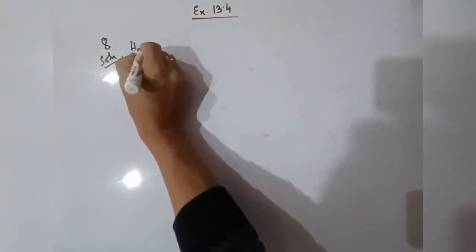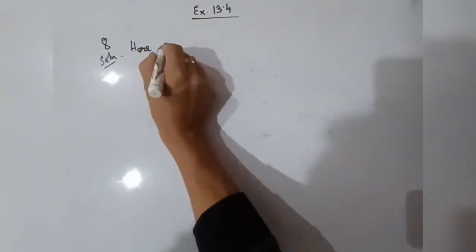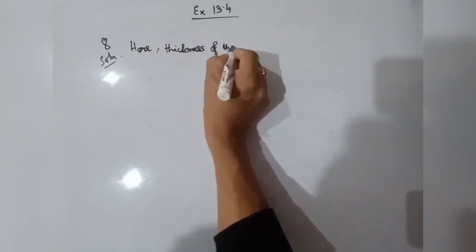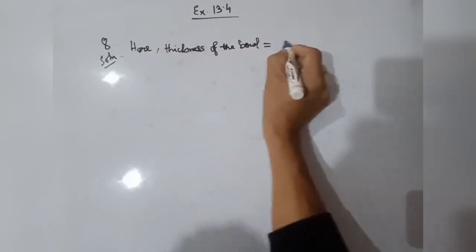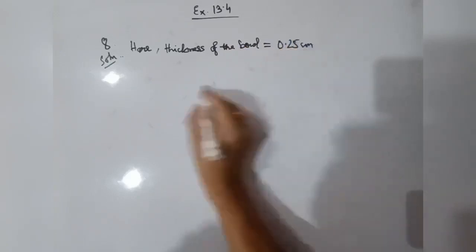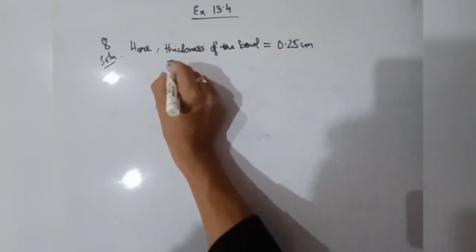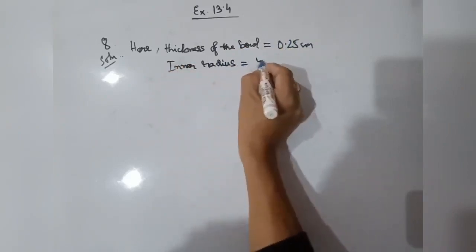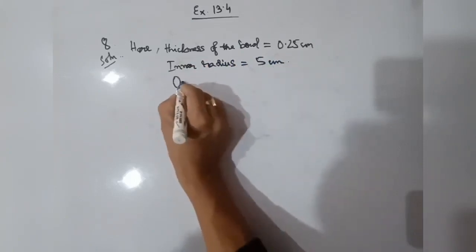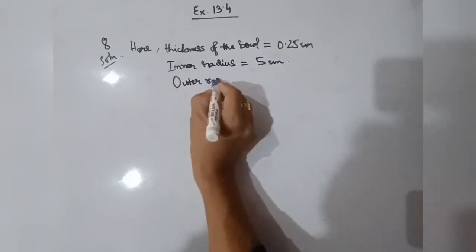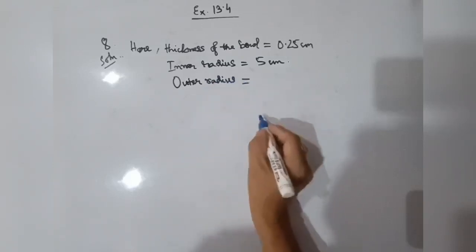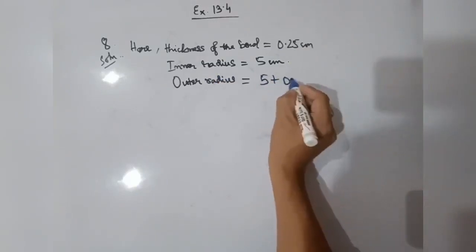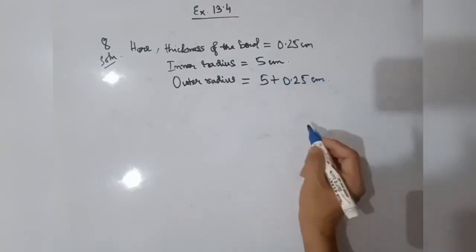Here the thickness of the ball is equal to 0.25 centimeter and the inner radius of the ball is 5 centimeter. Therefore the outer radius will be equal to the sum of inner radius plus the thickness. So it will be 5 plus 0.25 centimeter.